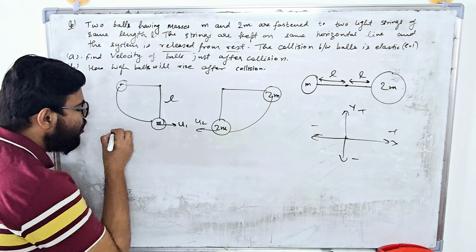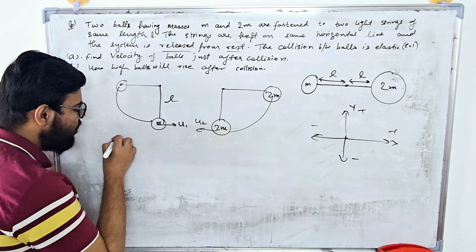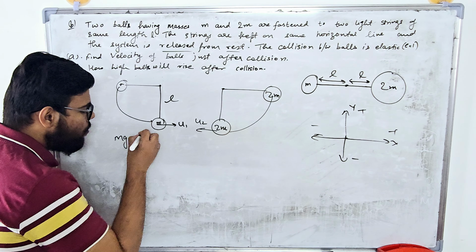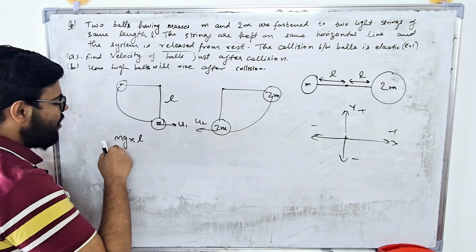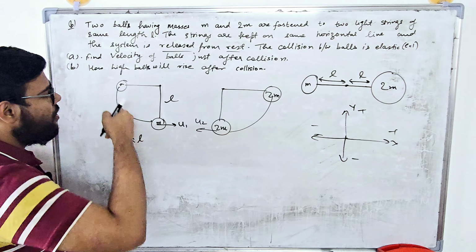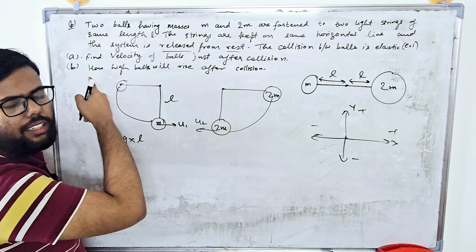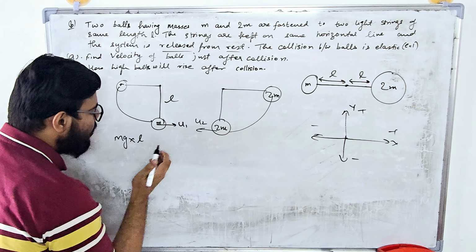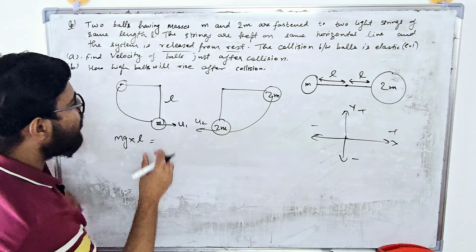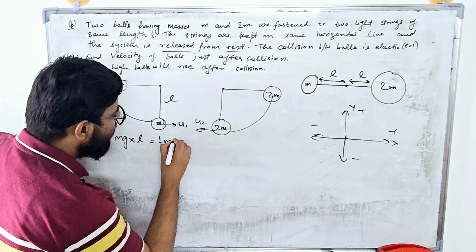Hence, by the work energy theorem, the work done by gravity, that is force times displacement, where the force is downward and the displacement is also downward, mgL is equal to the change in kinetic energy, which is half m u1 square.